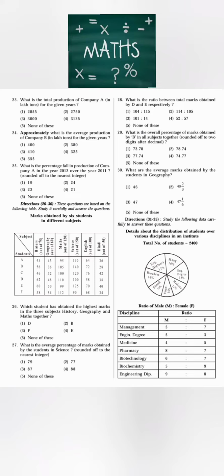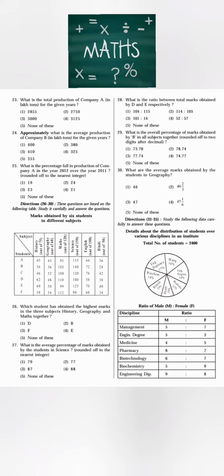Those are question numbers 21 to 25. Questions 26 to 30 are still statistical, which check your capability to analyze data and present it in the correct format, or questions asking for average marks or overall percentage.